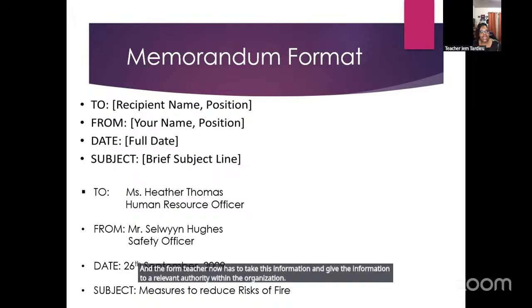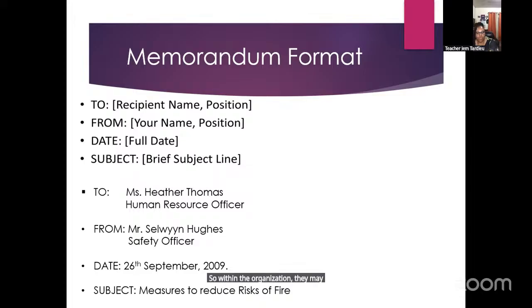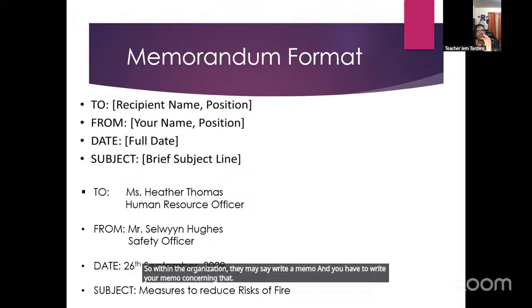So within the organization, they may say, write a memo, and you have to write your memo concerning that. This is the format for the memo.